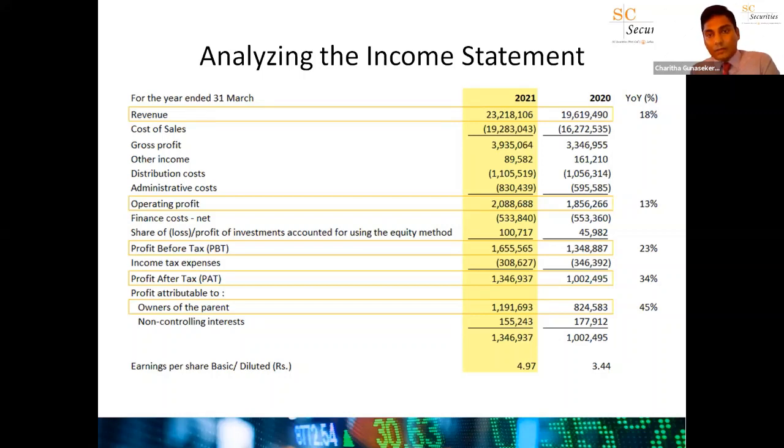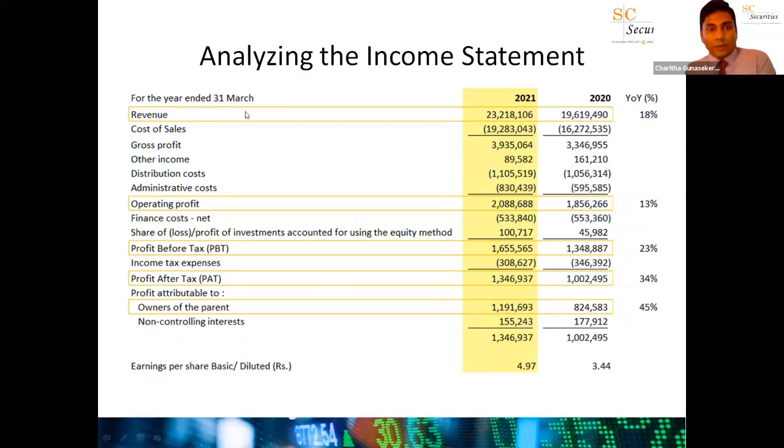Their revenue is not sufficient to at least cover the cost of what they sold. There are so many other costs which they need to cover apart from the cost of sales. So you need to see whether a company is capable of covering their cost of sales and generating a positive gross profit.